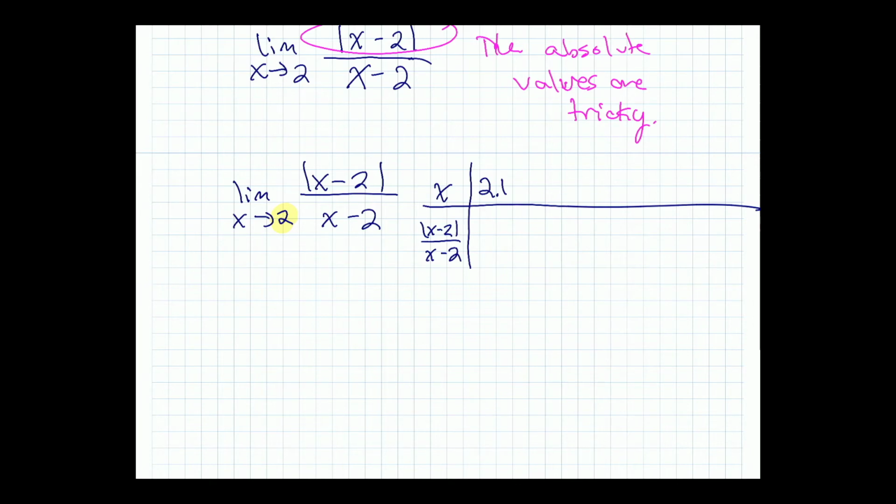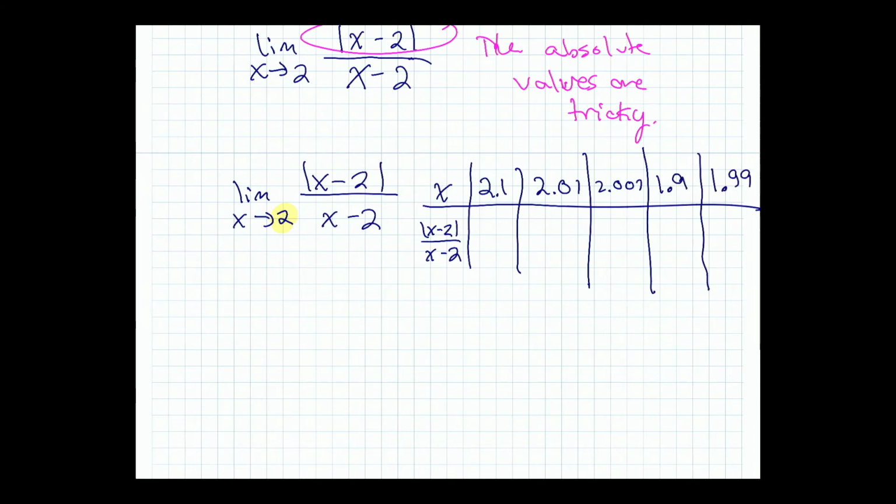That's a little bit bigger than 2. 2.01, 2.001. And then values to the left of 2 are like 1.9 maybe. And I don't think we need to do 3, so I'm just going to do one more. And 1.99. Right? So I got 3 to the right and 2 to the left.